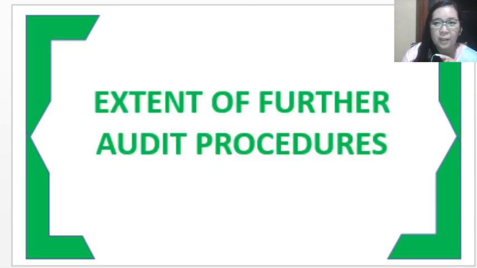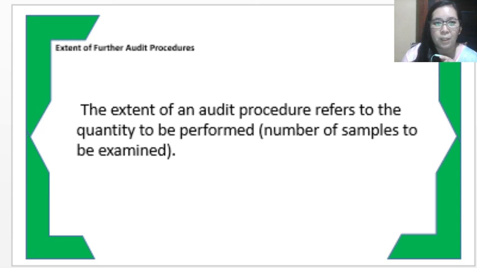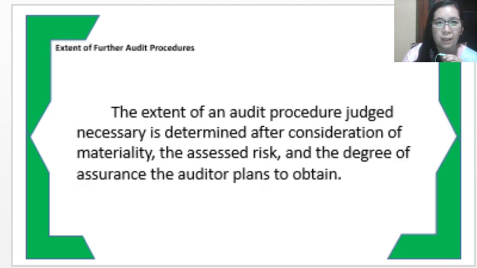Okay, we will continue with the extent of further audit procedures. The extent of audit procedures refers to the quantity to be performed, meaning the number of samples to be examined to gather the audit evidence.